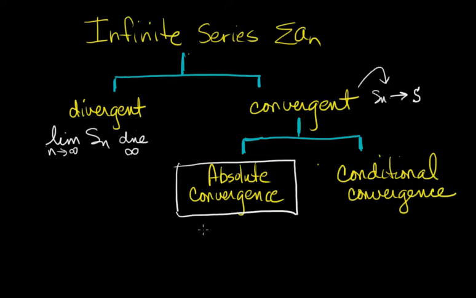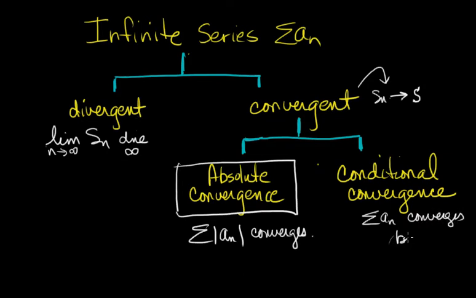Absolute convergence means that the infinite series sigma absolute value of a sub n converges. That's a strong type of convergence called absolute convergence. Conditional convergence is when the series sigma a sub n does converge, but if you put absolute value signs on, that does not converge.